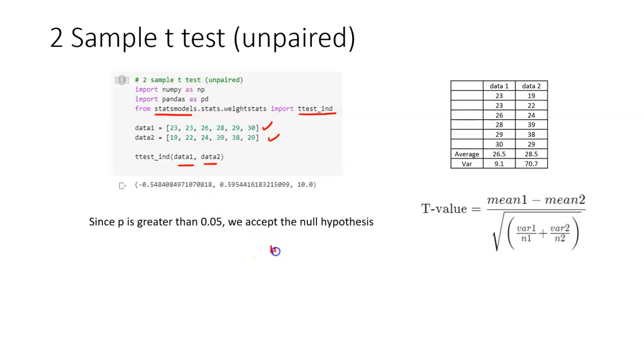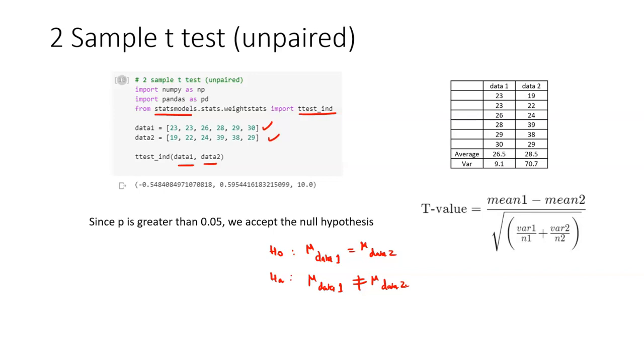So what is the null hypothesis and what is the alternate hypothesis? Null hypothesis is the mean of data 1 is equal to the mean of data 2. Alternate hypothesis, the mean of data 1 is not equal to the mean of data 2. That is your null and alternate hypothesis.